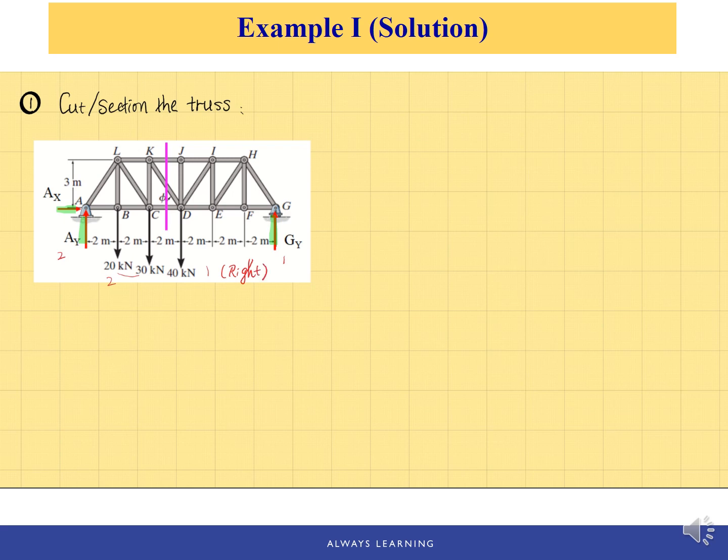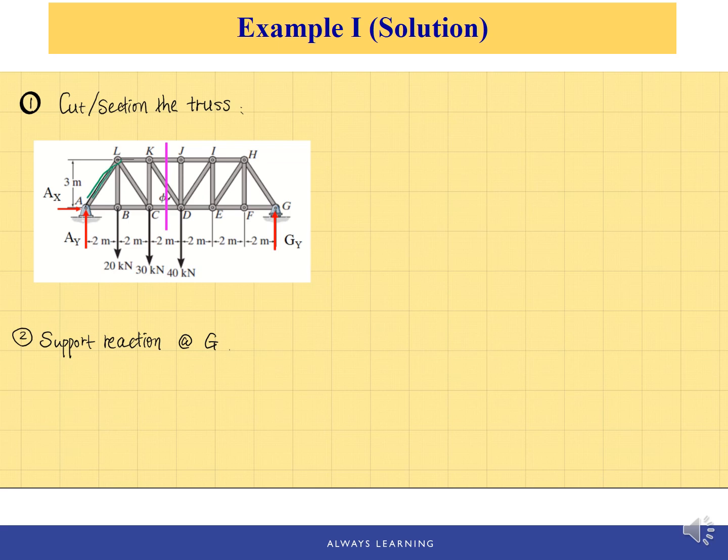Okay, so the second step is we're going to look for the support reactions. To find the support reaction at pin G, there's only 1 support reaction, which is GY, and we need to use the free body diagram of the entire truss. Again, we're not looking at the details within the truss members.